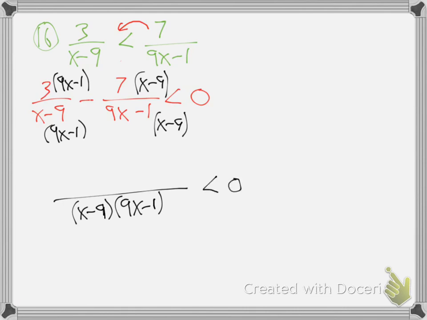So now you got to multiply out the tops. 27x minus 3. And then this, careful, that minus is really on the 7. I would suggest you move it up there and put that minus right on that 7 so that when you distribute it, you don't forget about it.